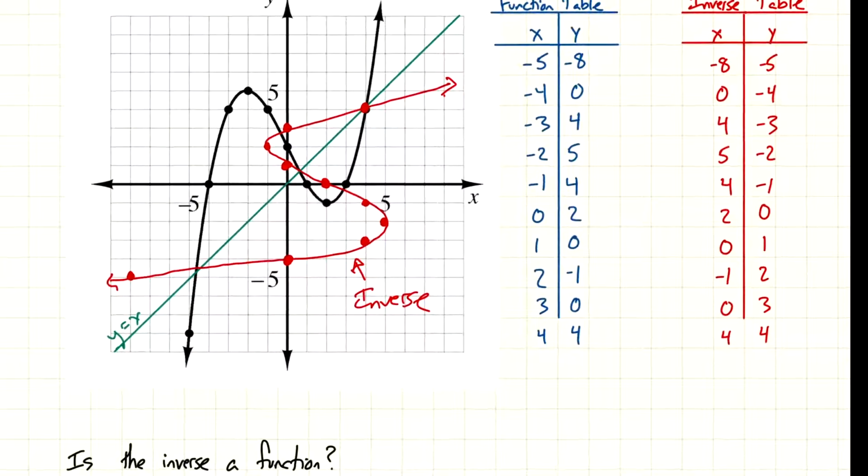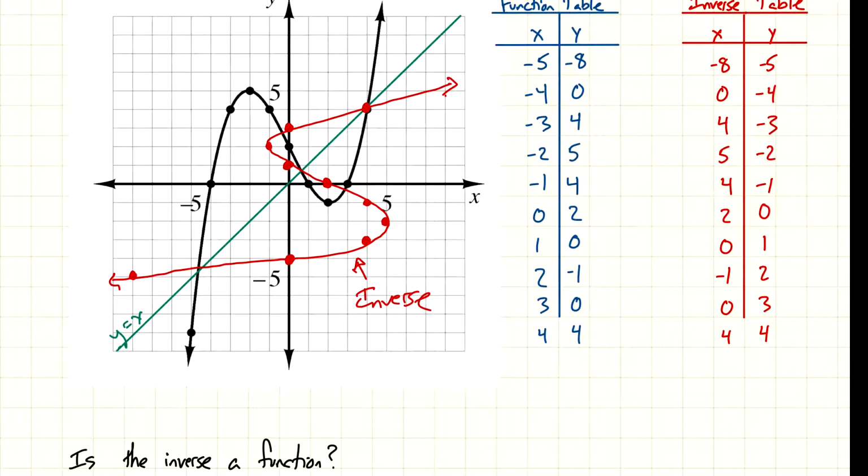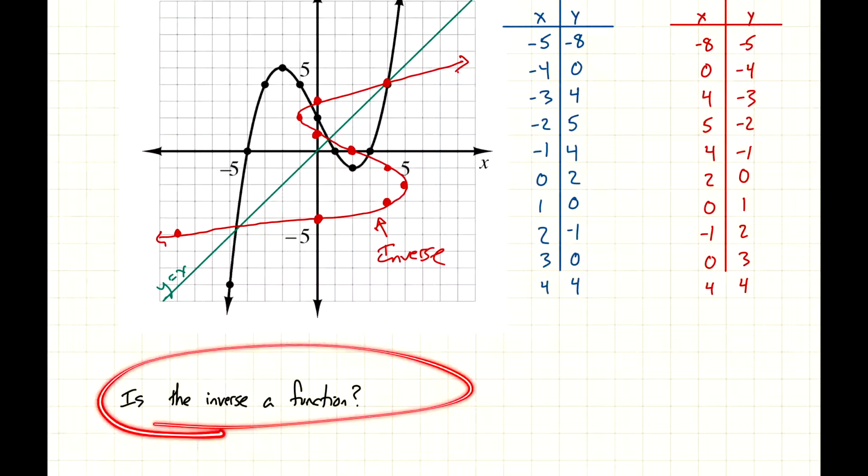Is it a function? Is the inverse a function? So if I have one input, does it only give me one output? All right, so I'll let you tell me that. Is the inverse a function? And how do you know?